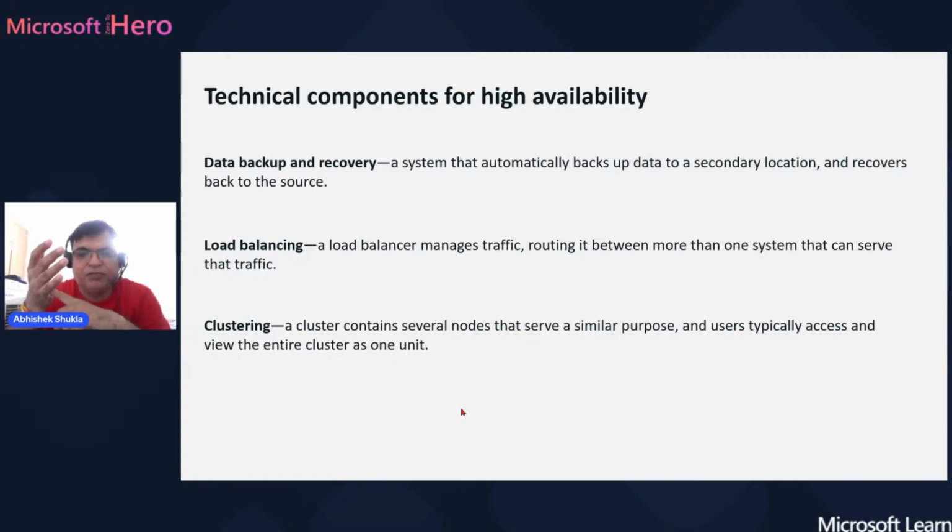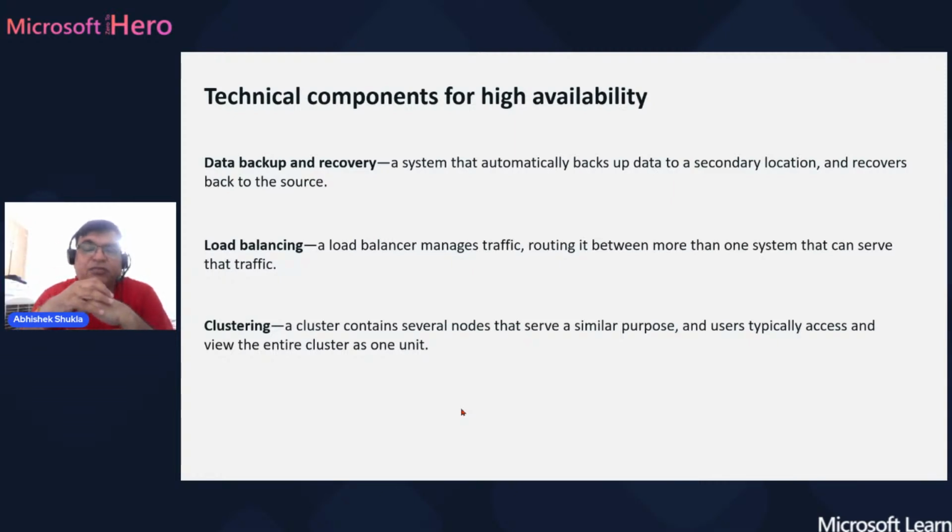For example, you can think about one application that is running inside the Azure app service. A similar application is running inside a virtual machine also, and you can use these two heterogeneous types of resources inside a backend pool, right? So it can be homogeneous, it can be heterogeneous.